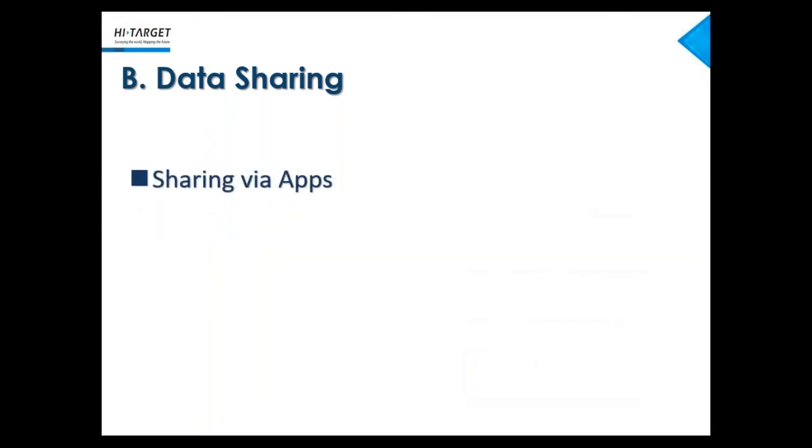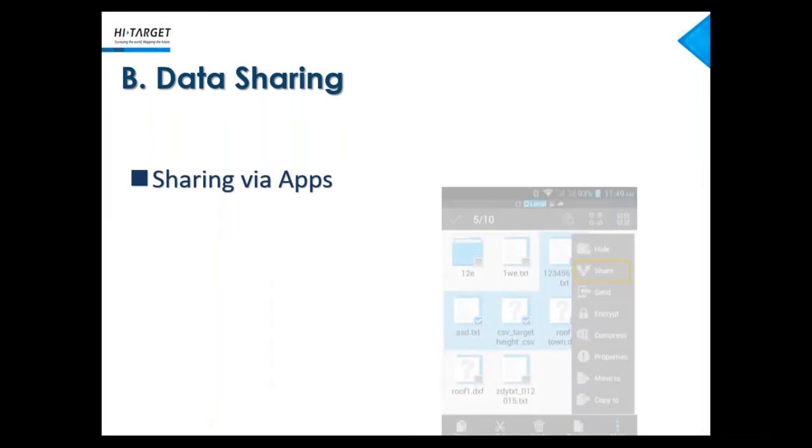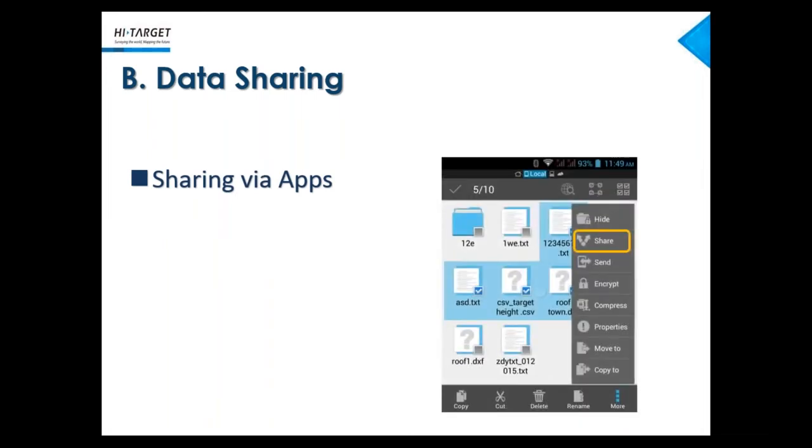The second way is sharing via apps. This is the screenshot for the ES Explorer, or maybe you can use your own explorer software. Locate the files that you want to share, then click the Share button.